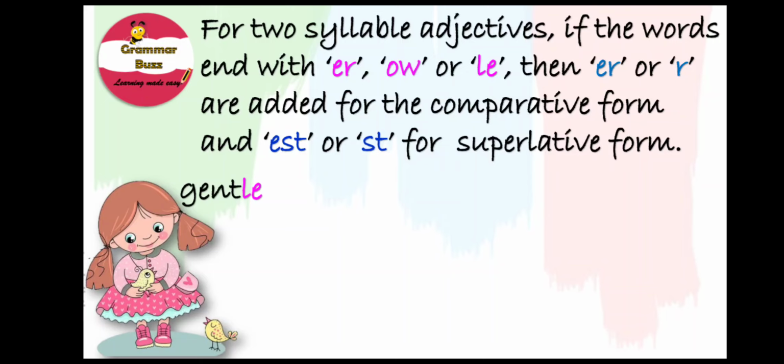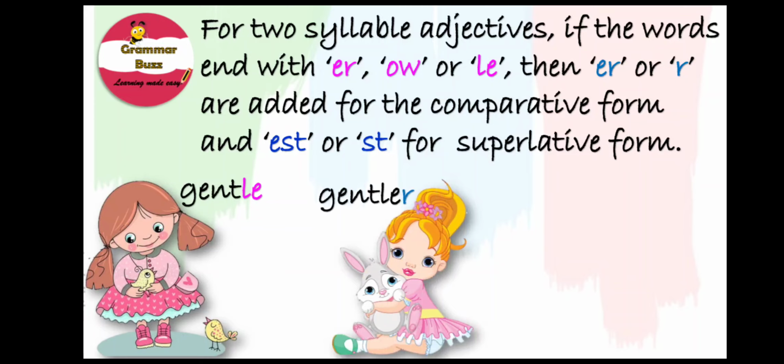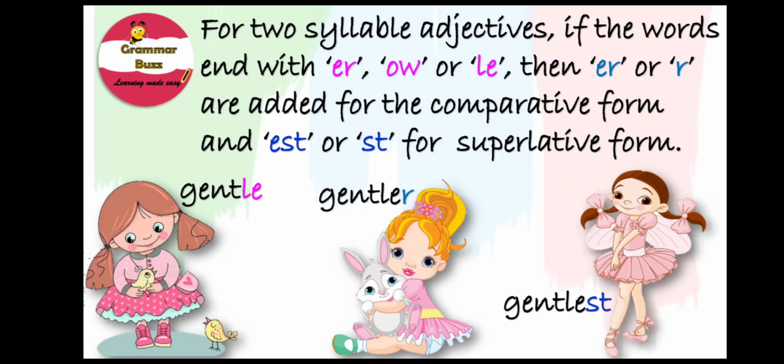The positive degree of comparison is gentle. The two-syllable adjective gentle already ends in the letter LE. So to form the comparative degree, gentler, we simply add an R to it. And to form the highest degree or superlative degree, gentlest, we simply add an ST.